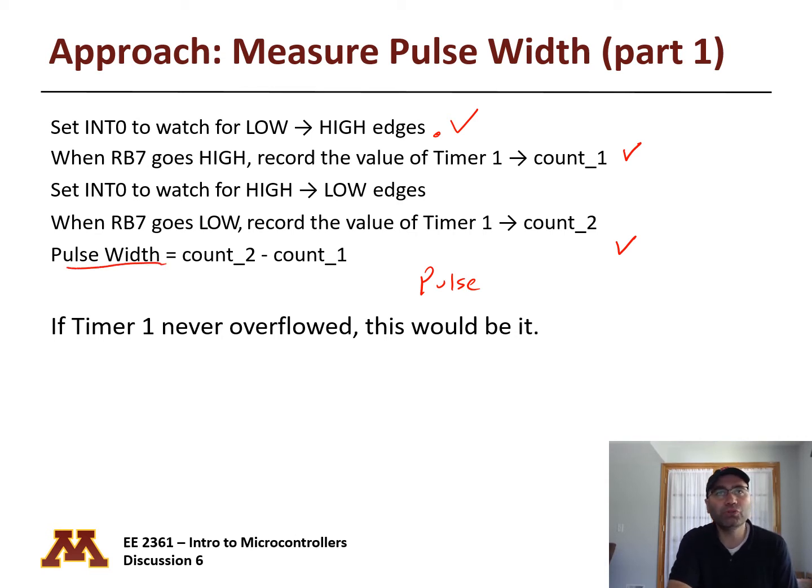Well, this is true only if timer 1 never overflowed. If between those two events timer 1 is counting up to whatever PR1 value we set, this is only true if it never overflowed. That's obviously difficult.